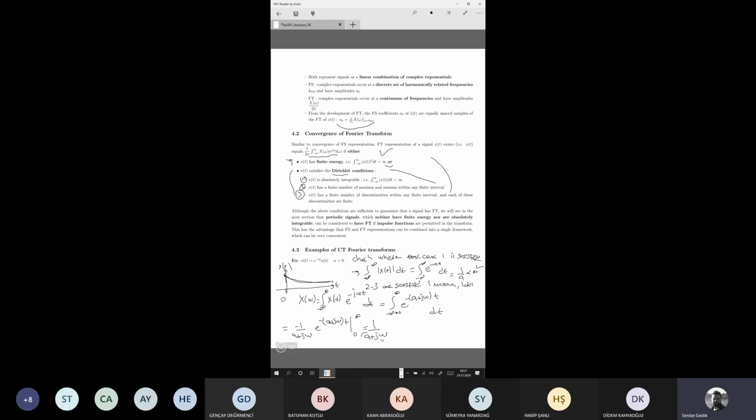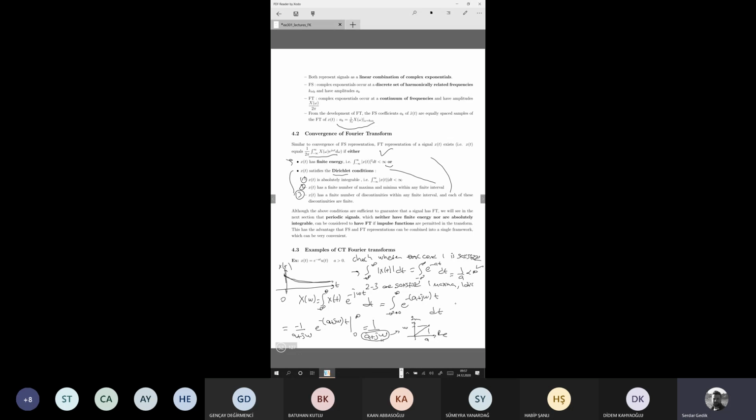So let's consider this complex number here. This is the real axis, this is the imaginary axis, and this is my complex number a plus j omega. What's the norm?